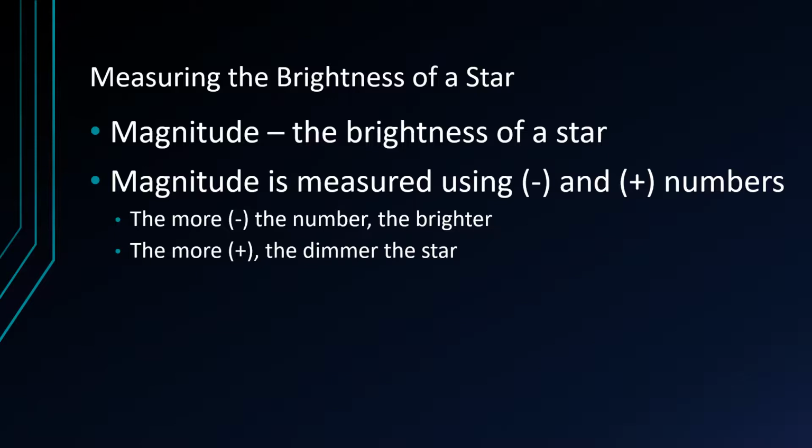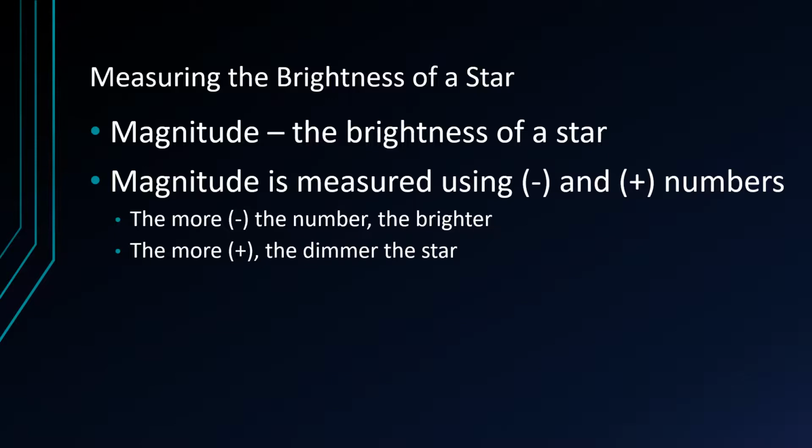And you can kind of blame this whole confusion really on Hipparchus, who was a Greek astronomer who lived some 2,000 years ago. It's one of those things we just used.